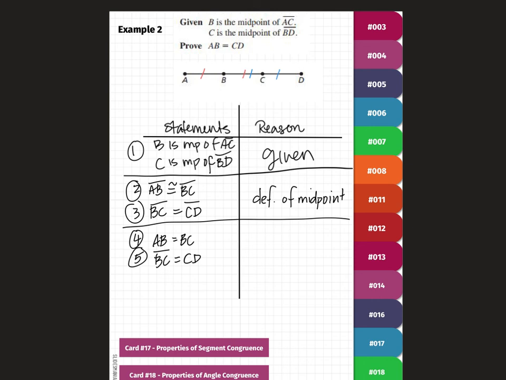I made some big mistakes. Let me fix this real quick. So when I'm talking about length, remember there's no bar. And then this is the definition of congruent segments.